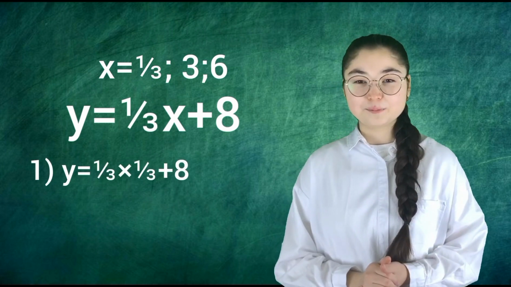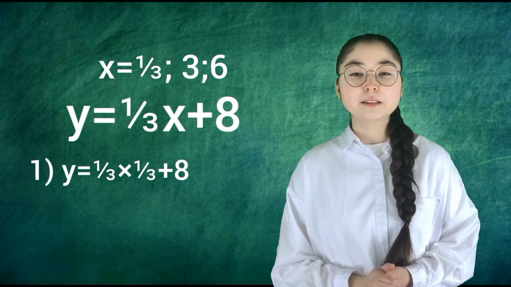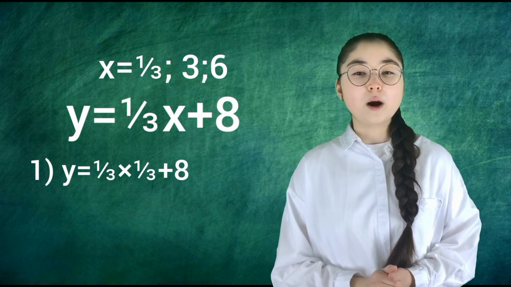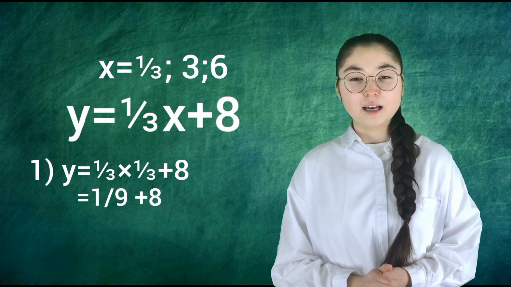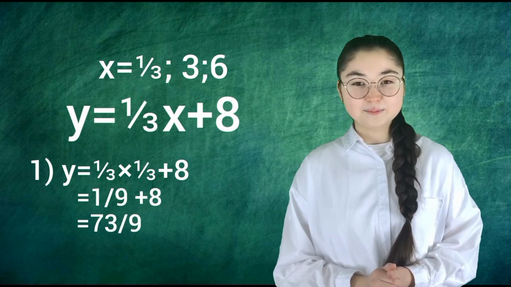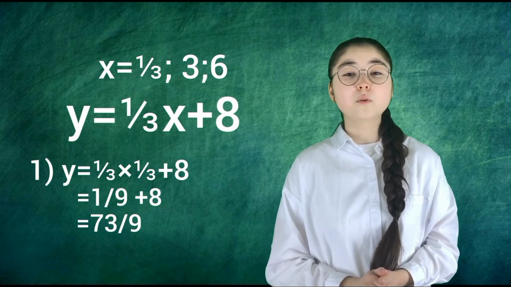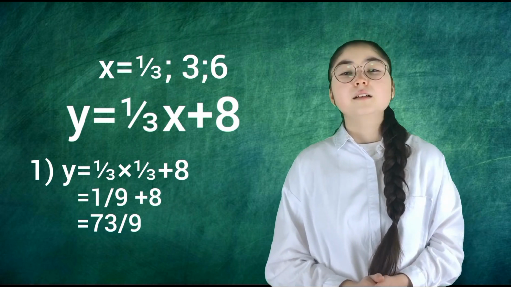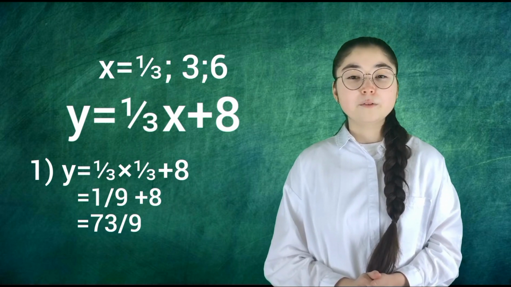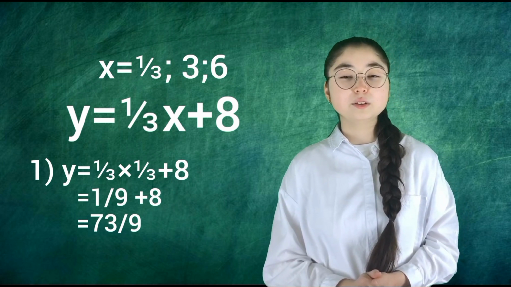For example, 1 over 3 multiply 1 over 3 plus 8. It will be 1 over 9 plus 8, and it will be 73 over 9. The first value of y is 73 over 9. And we find the other values of y like this.